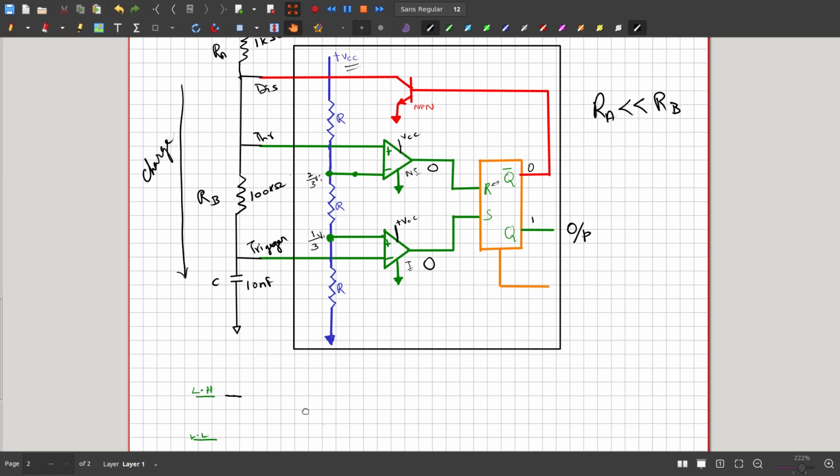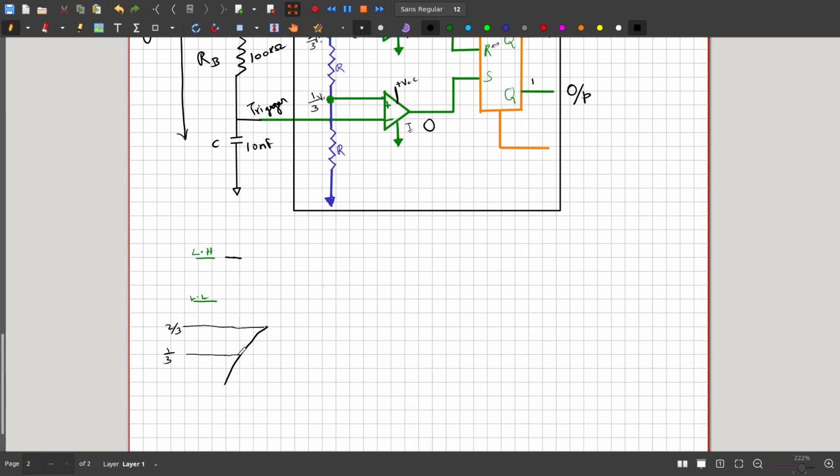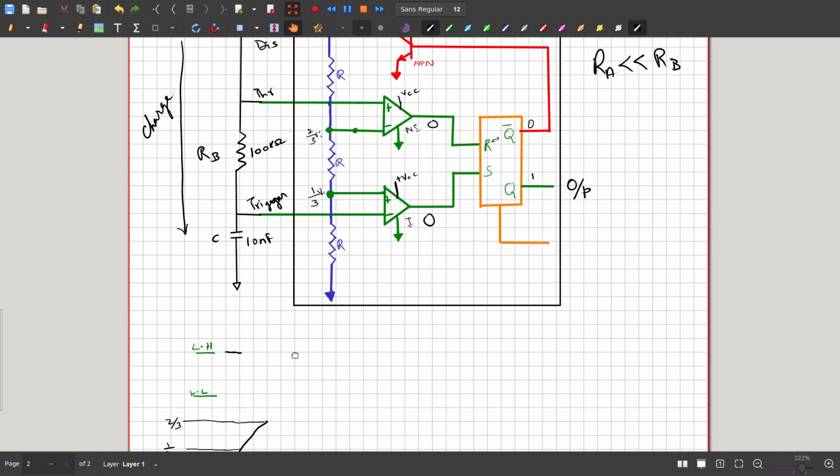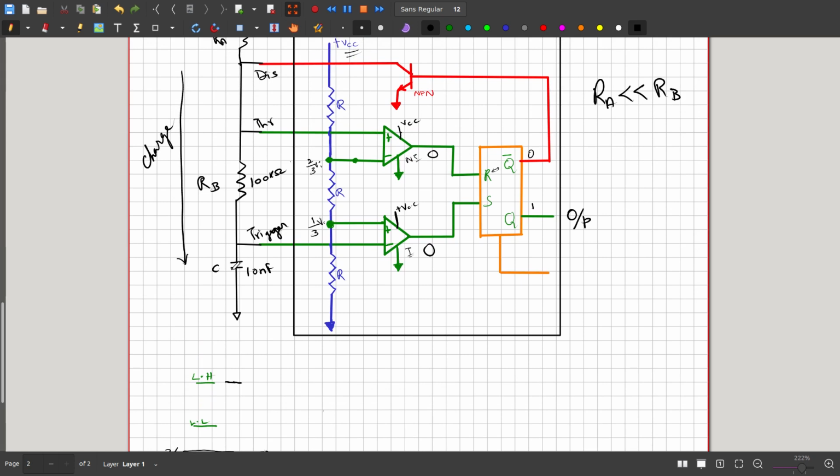When the capacitor voltage crosses 2/3, this pin becomes high, since it is higher than the reference voltage.